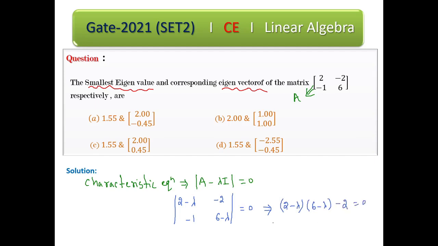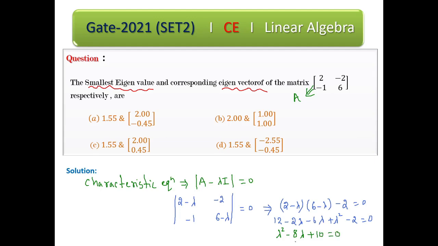Let's simplify: 12 minus 2 lambda minus 6 lambda plus lambda square, minus 2 equal to 0. So lambda square minus 8 lambda, 12 minus 2 is plus 10, equal to 0.